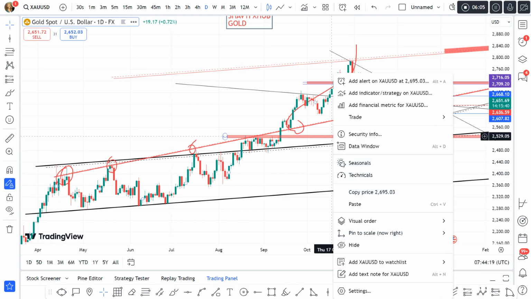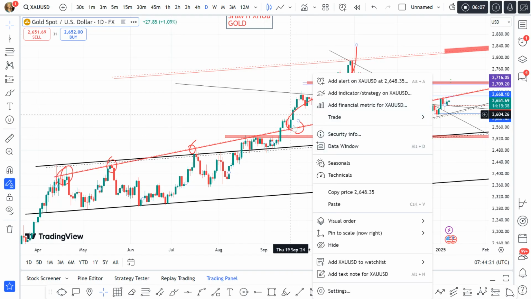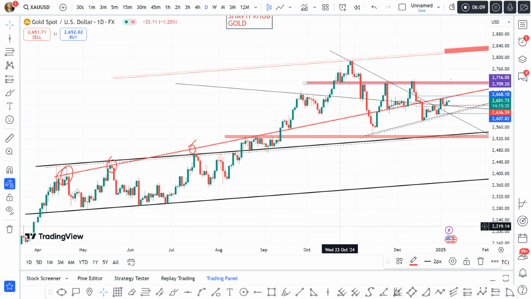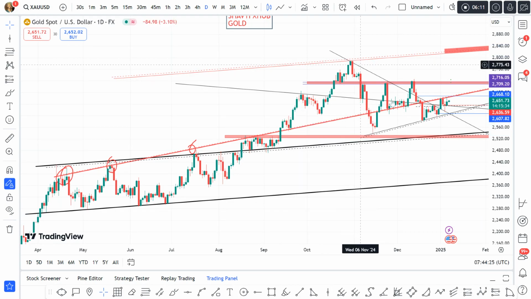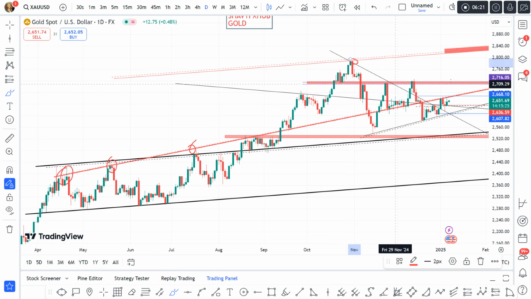Now, when you look at the structure again, you will notice that gold has broken out from a descending trend line, the descending trend line connected to our all-time high, 2621, 2721. Then we had a breakout on that sell-off when price came. Price broke the structure and we tested it and came back again, broke the structure and respected it again.